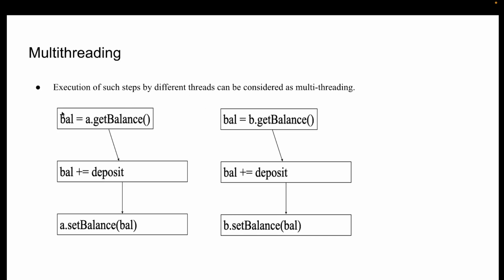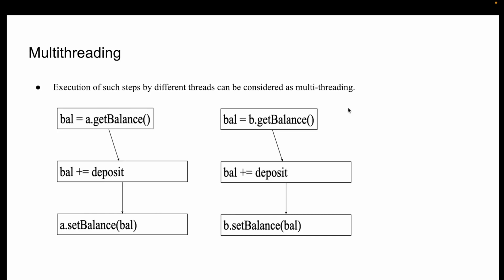So this is that example only, like get balance, deposit, and set balance. And there are two threads, thread A and thread B, which will be trying to perform all these operations. So let's say thread A has performed some operation. At that time, how can thread B be asked to wait for some time?